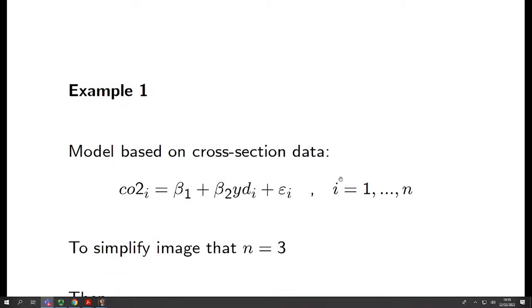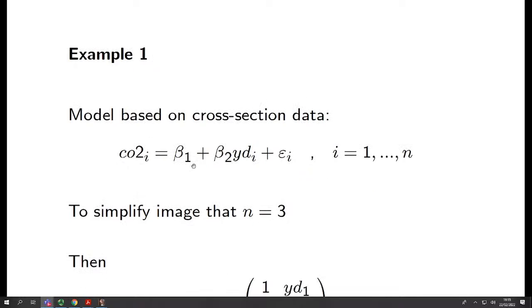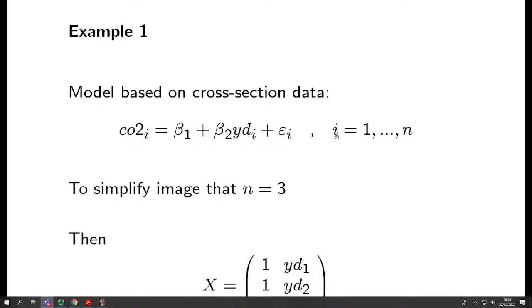Now I want to consider an example with you, which is very similar to the Kuznets linear approximation of the environmental Kuznets curve. The model was this: CO2 for unit i, where i runs over individuals, countries, or households, as in the previous example. We have a constant, and imagine that I have disposable income as the second regressor.